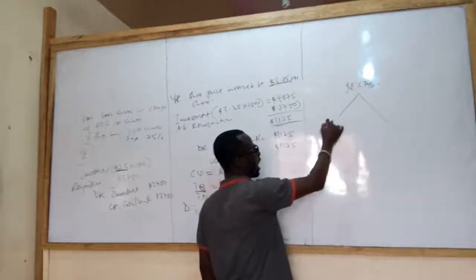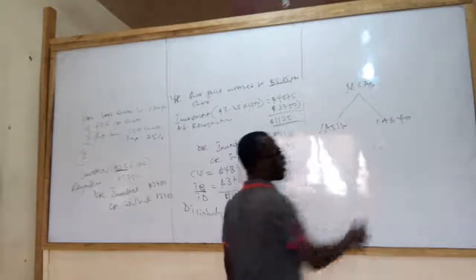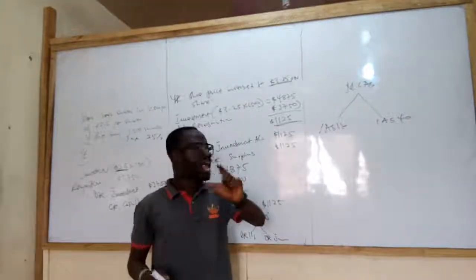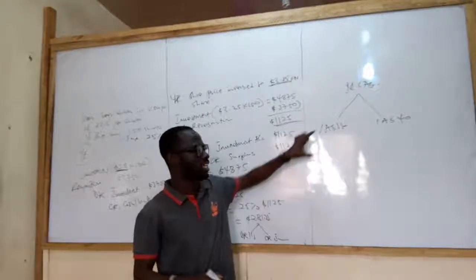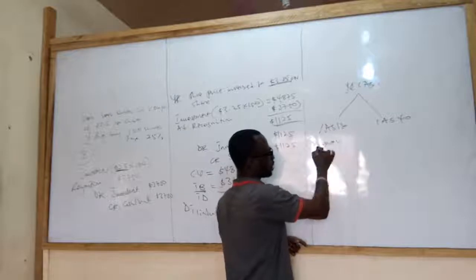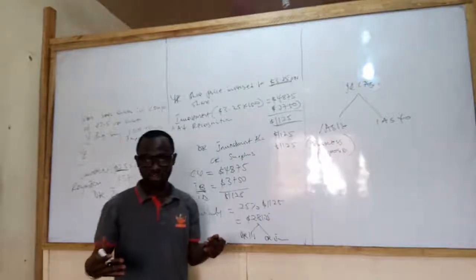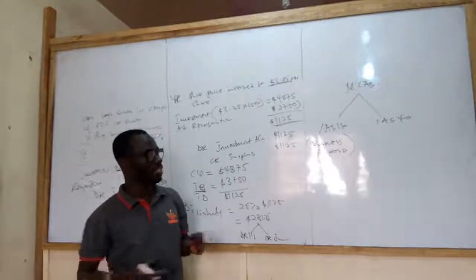The first one is IAS 16 and the second one is IAS 40. Now, we will use IAS 16 to account for the asset if the asset is used for business purposes. In other words, we are using the asset to generate our revenue for our organization.